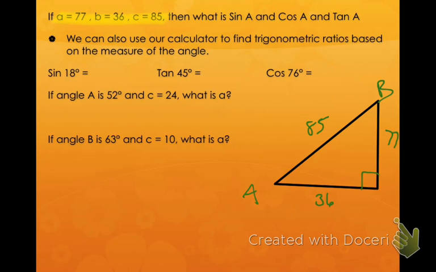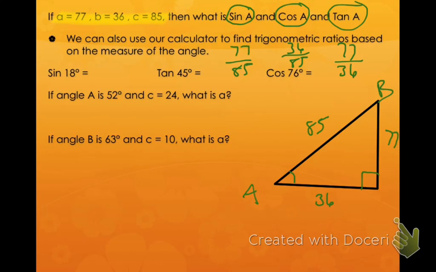So I'm writing out the sine of A. Sine of A is going to be, again, this is my angle A, so I go opposite over hypotenuse, which is 77 over 85. Cosine of A is adjacent over hypotenuse, so 36 over 85. And the tangent of A is opposite over adjacent, which is 77 over 36.